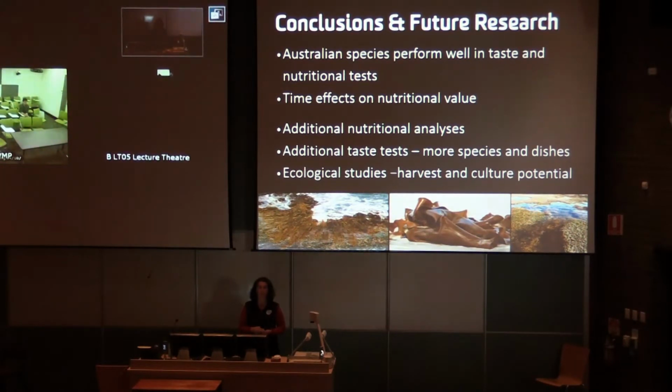If we're going to look at wild harvest, we need to understand the ecological impact of any harvesting procedure on the species we're collecting, and the flow-on effects on the invertebrates, fish and other seaweeds that live amongst those seaweeds. Many of these species form important habitat, and it's quite likely that if we take out large amounts of it, it's going to have an impact.